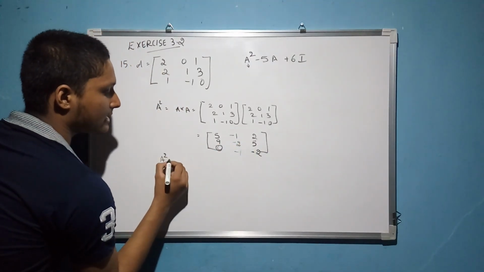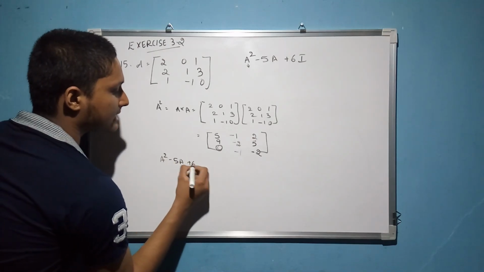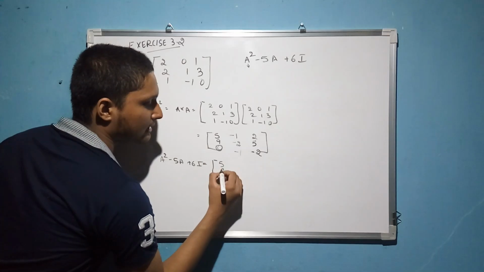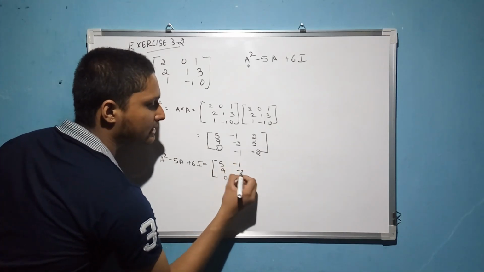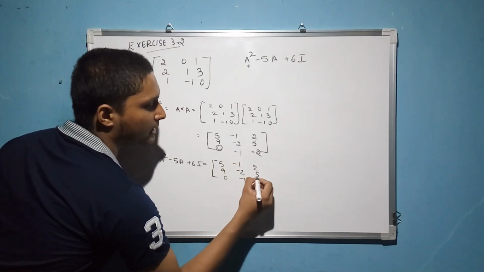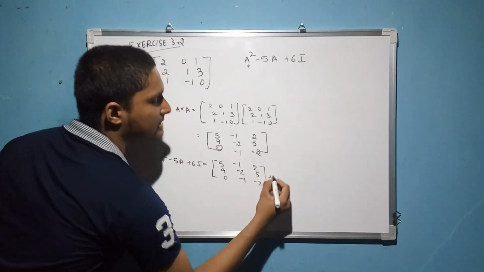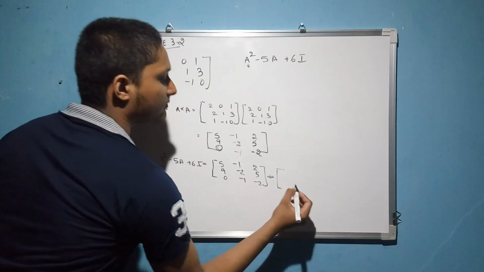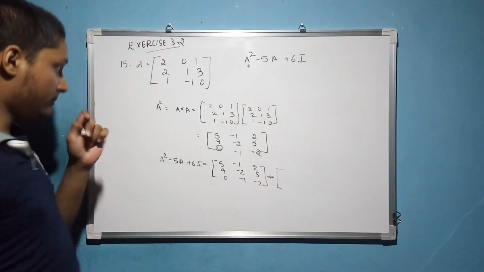So we need to find this expression, A square minus 5A plus 6I. How much is that going to be? It is going to be 5 9 0, minus 1 minus 2, minus 1 2 5, minus 2, plus minus 5 times that matrix. I'll multiply and write it properly.